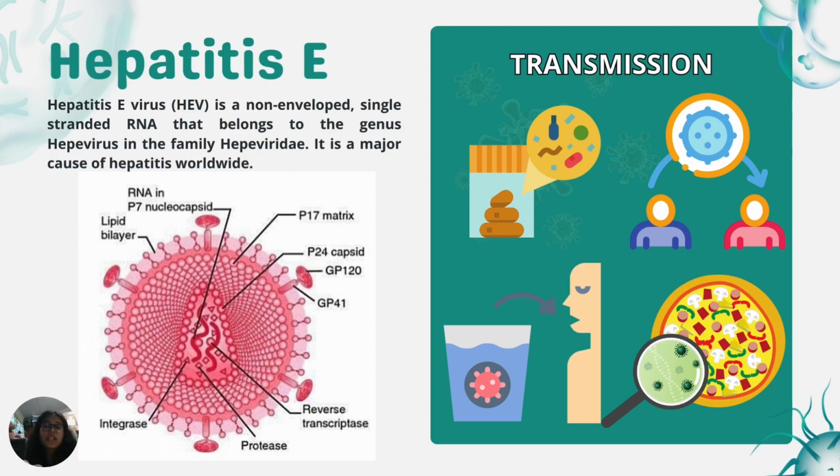Outbreaks commonly occur in times of natural disasters such as flooding and earthquakes and can affect thousands of individuals. Next, we have genotypes 3 and 4, which can infect humans and animals. Genotypes 3 and 4 are zoonotic infections in which pigs are primarily the hosts.